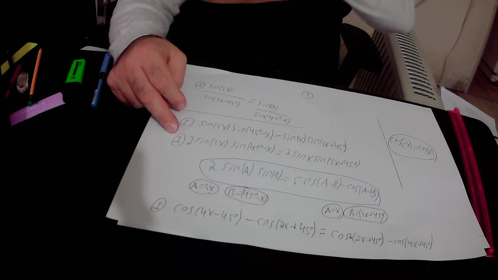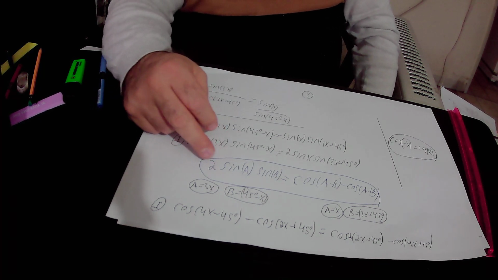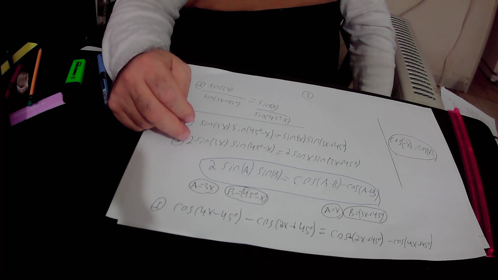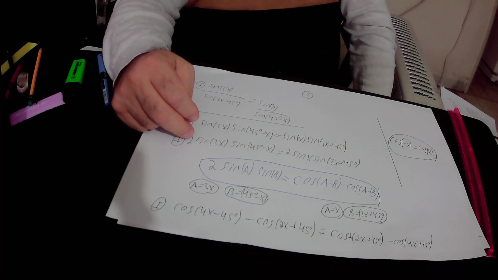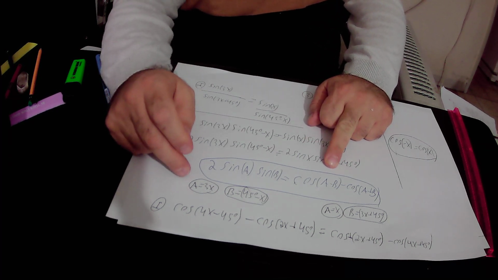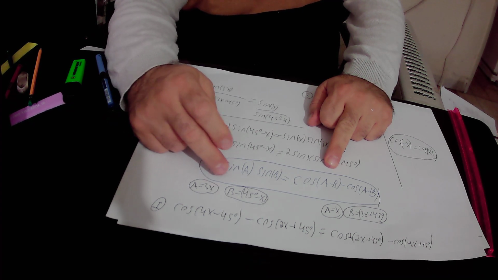Okay, and here in our specific equation, we know that A equals 3x and B equals 45 degrees minus x, and therefore 2 sine 3x sine 45 degrees minus x will be equal to cosine A minus B. A is 3x and B is 45 degrees minus x, so 3x minus x is 4x, and it is also minus 45 degrees.